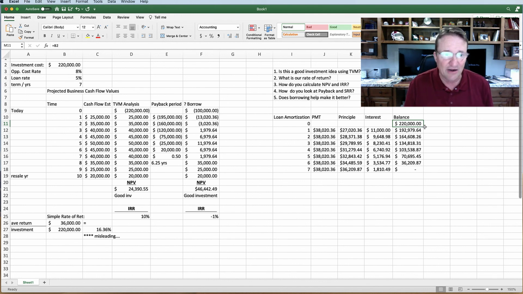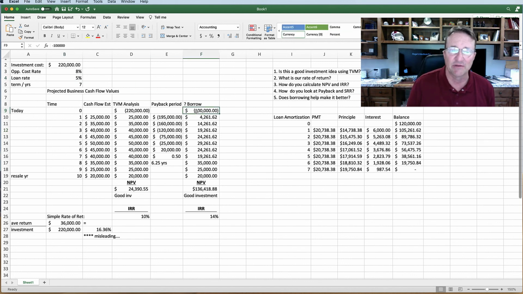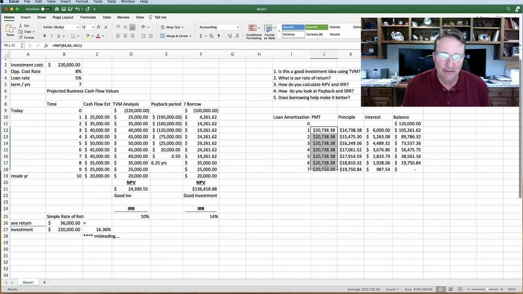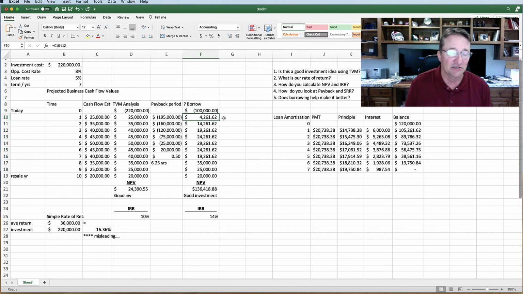I'm actually now borrowing 120,000. So you can see that the borrowing still is a better return for me. The rate is what's helping me there. Having to put some money down is more reasonable. You've got a loan payment here that's, of course, a lot less. And so actually you can see that this really would work out a lot better for us.